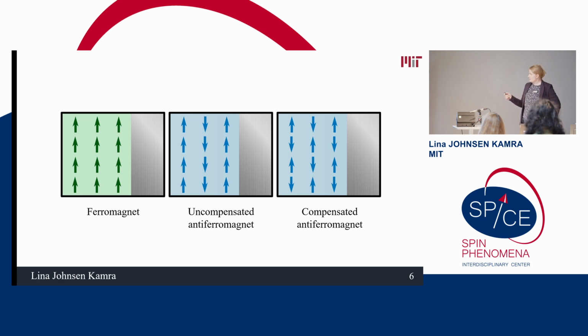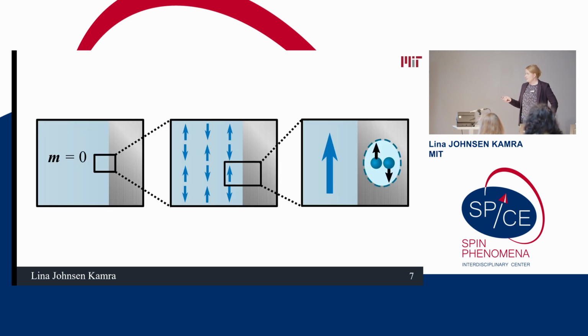But then you have the compensated antiferromagnets that we are interested in, and they have 0 magnetization in the bulk and also 0 magnetization at the interface. This seems a bit counterintuitive because we now have a structure where the magnetization of the whole thing is 0. At the interface there's no magnetization. But what I want to convince you of is that since we have these local spins, it will still be able to affect the properties of the superconductor.